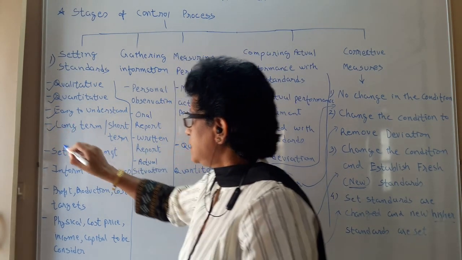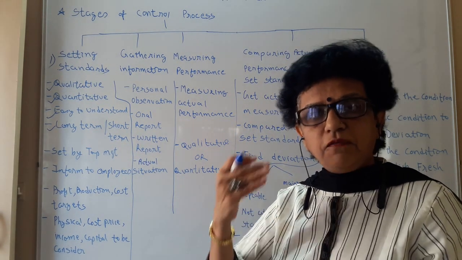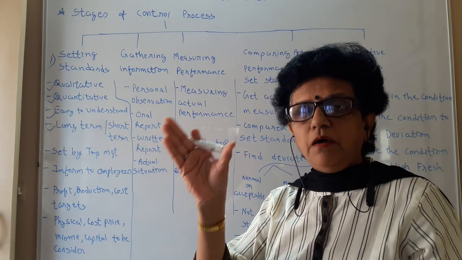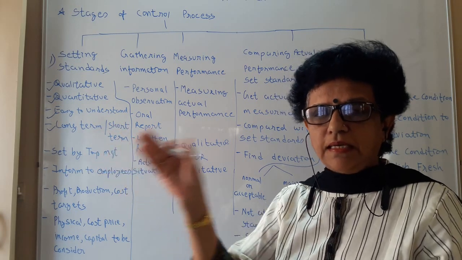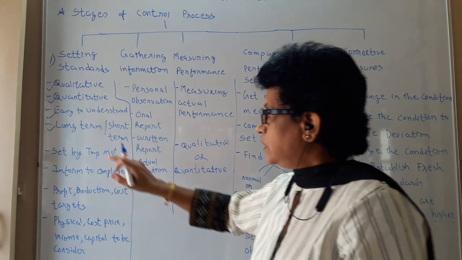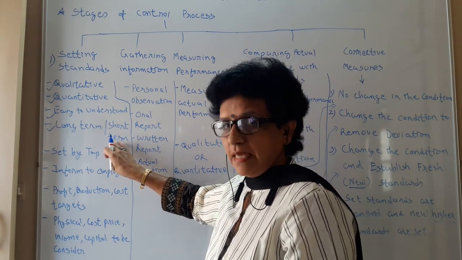Standard may be long term or short term. You may be setting a standard for a longer period of time, that in 10 years this we have to attain, in 50 years this is our target, and in 1 year this is what we want to achieve. So a very long term and a short term target are to be set.